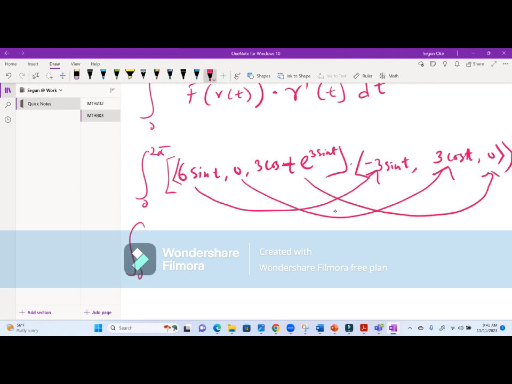So the integral from 0 to pi will give us what? 6 multiplied by negative 3, negative 18 sine squared t, plus 0 multiplied by 3, 0, plus 3 multiplied by 0, 0, everything dt. Are we together? Yes, sir. Are we okay now?